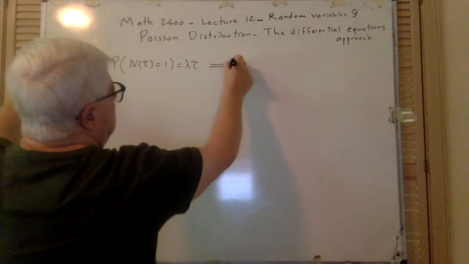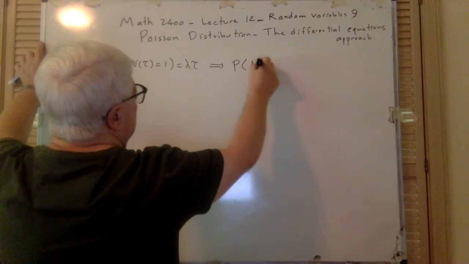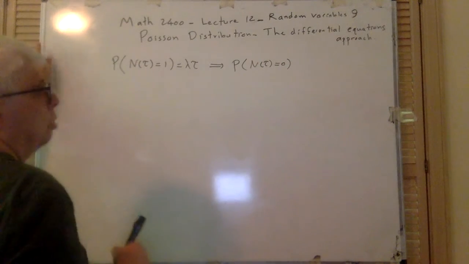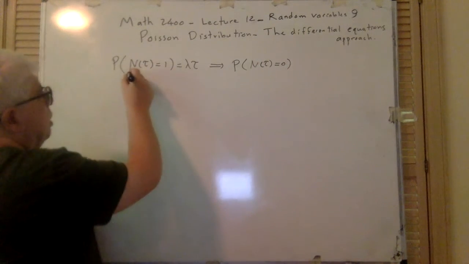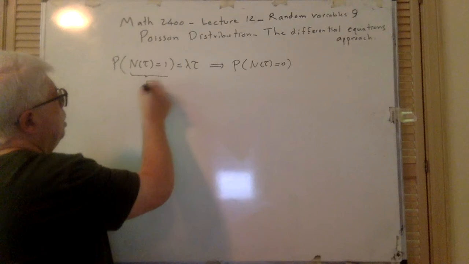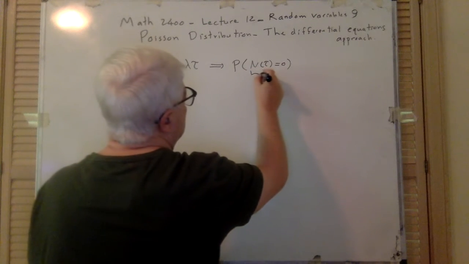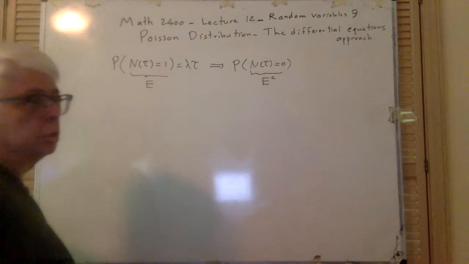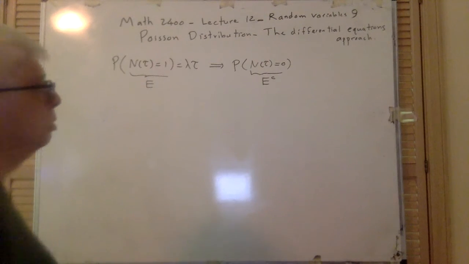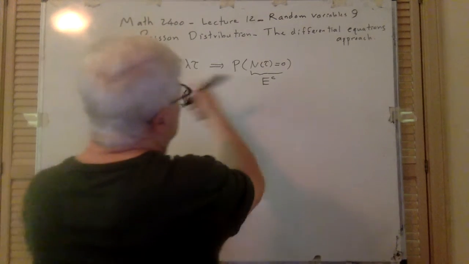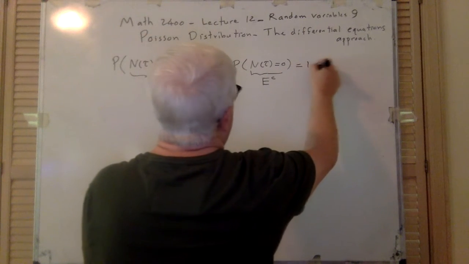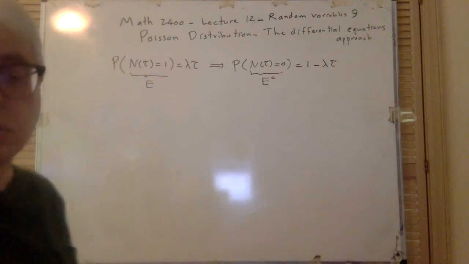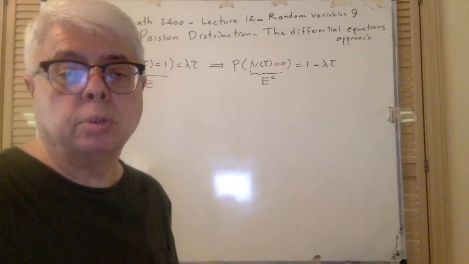So P(N(tau) = 0) is the complement of this event. If this is E, this is E complement, because there is nothing more than 1. More than 1 is 0. So if that is the complement, then it is 1 minus lambda tau.